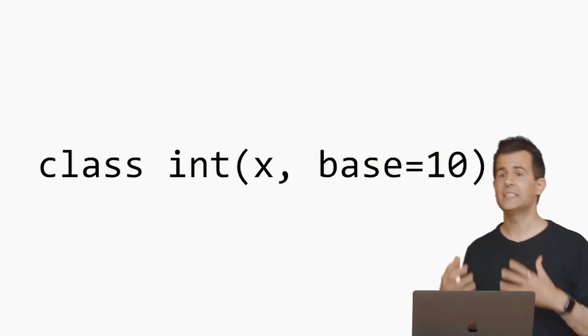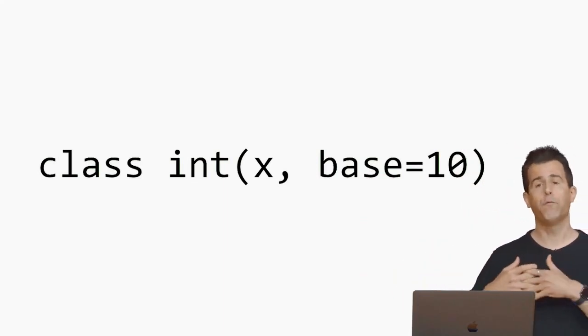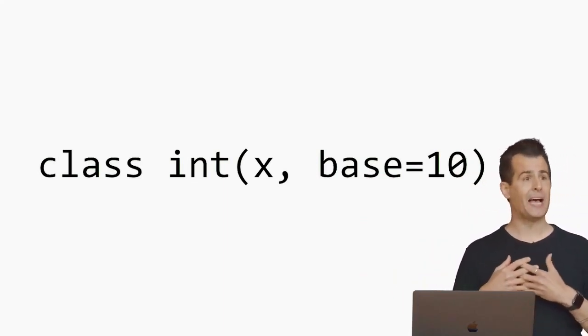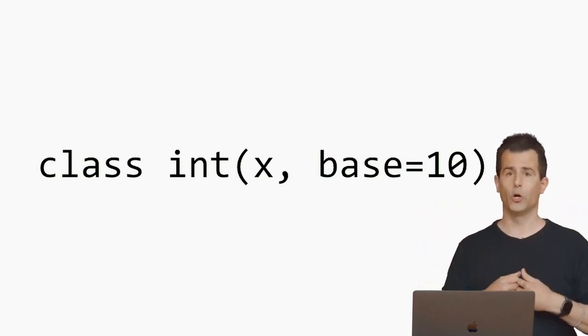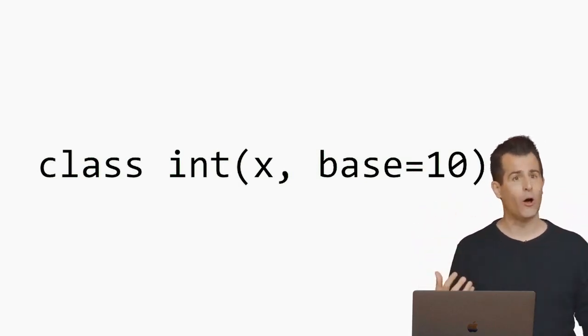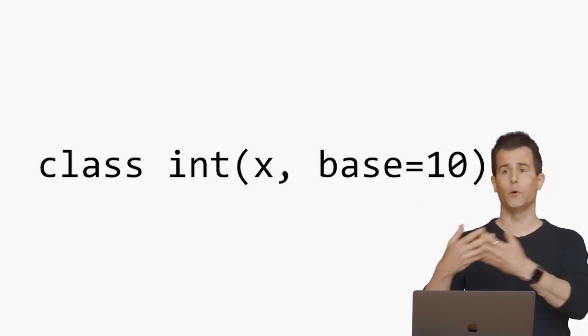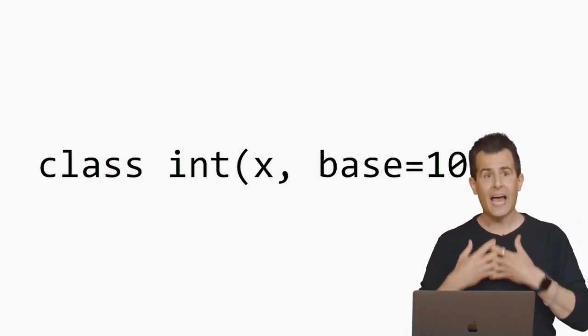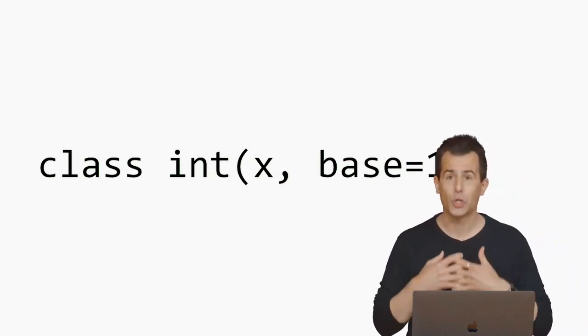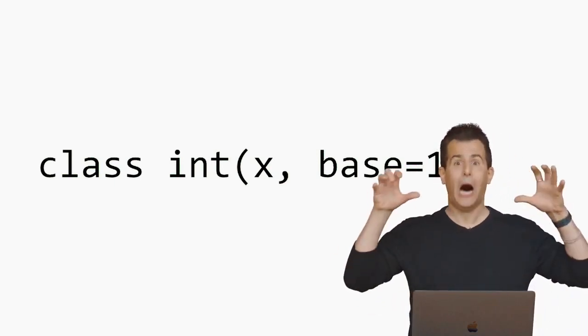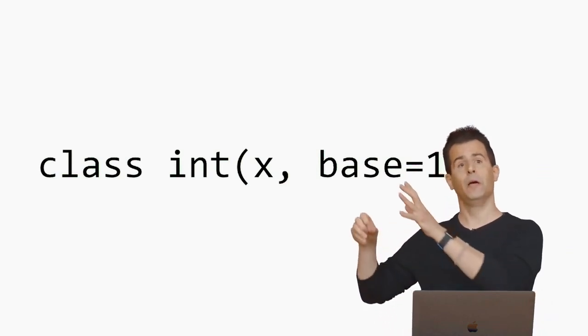And in fact, this is the signature of the constructor call for an int, whereby you pass in x, like a number, quote unquote 50 or quote unquote something else. You pass in optionally the base, 10 for decimal, 2 for binary, or anything else. And that int function will actually return to you all this time an object of type int.